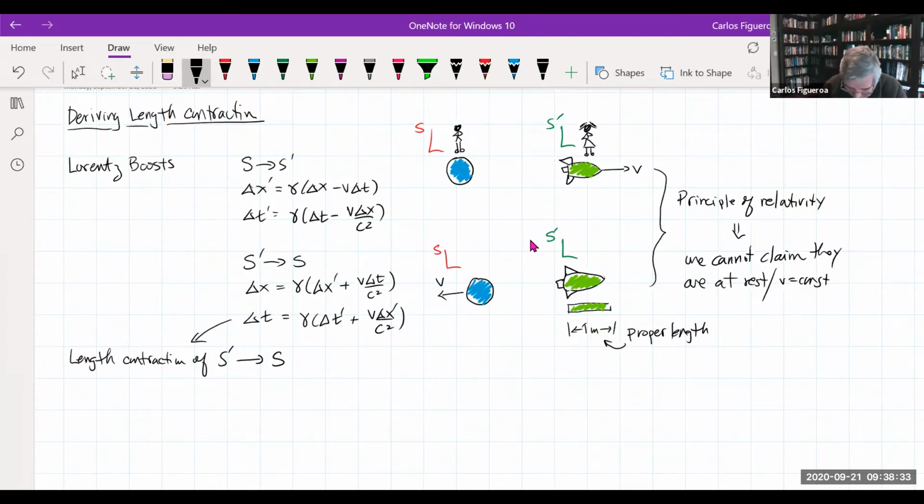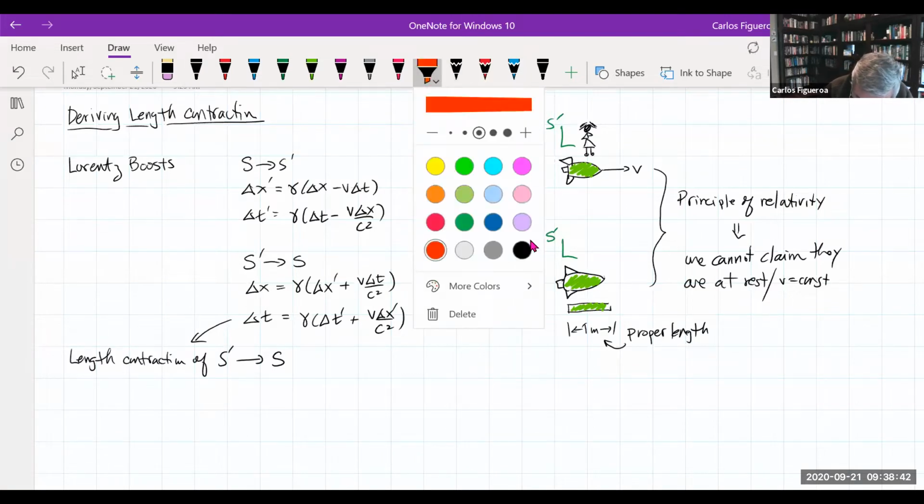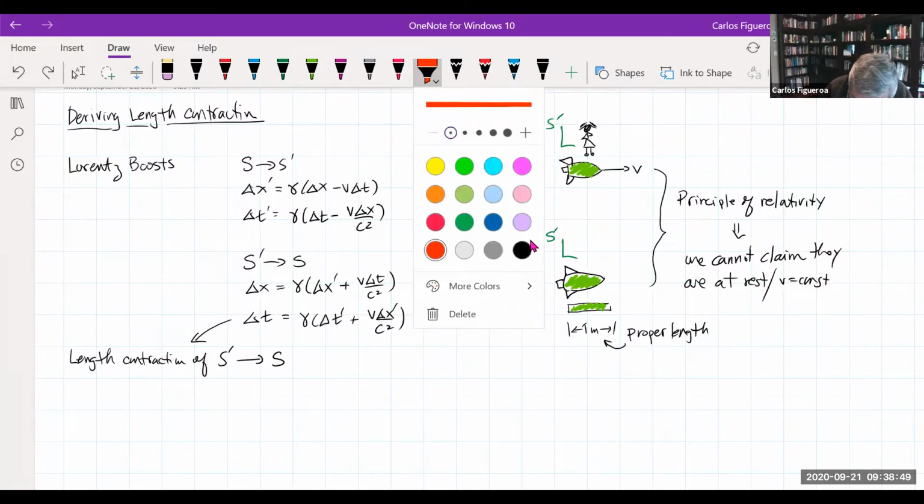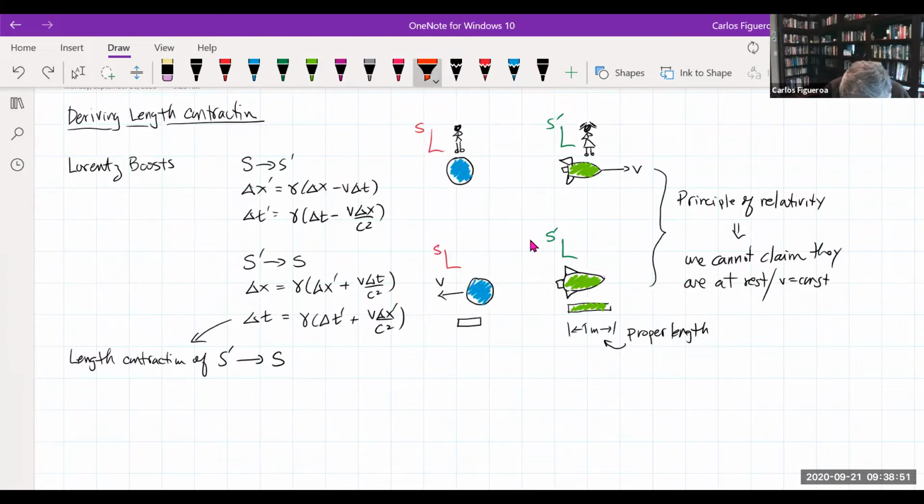And what we expect then is that for Juan, he's going to see a different meter stick. His meter stick, of course, is going to be length contracted. And so when we look at his length, we should see that the X should be smaller than the X prime.